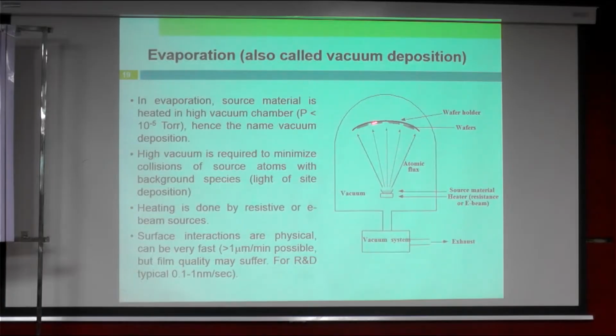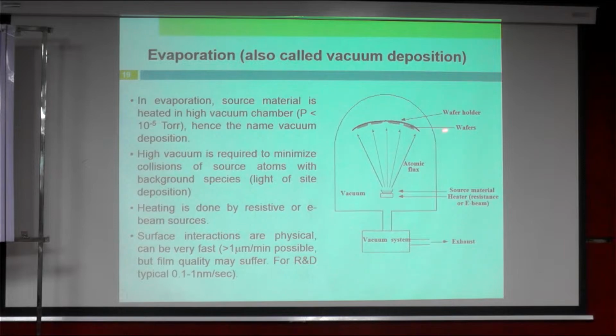Then you have your wafer, or any base substrate or materials you want to deposit the thin film of the target materials on. So in evaporation, source material is heated in a high vacuum chamber, which is 10 to the minus 5 torr, hence the name vacuum deposition.